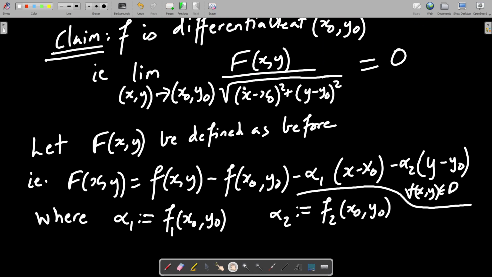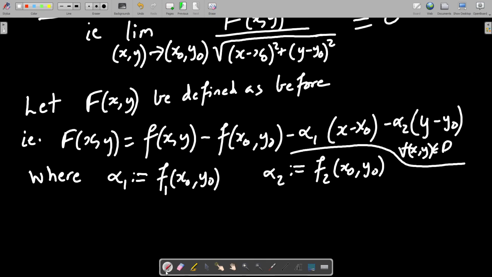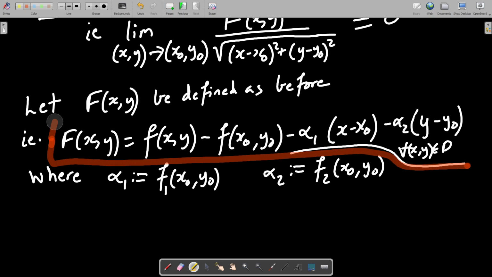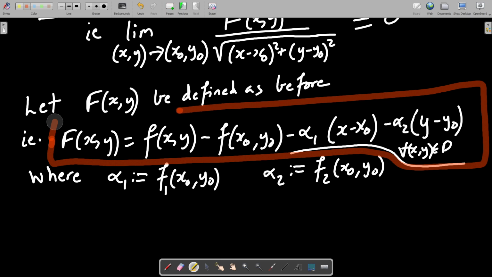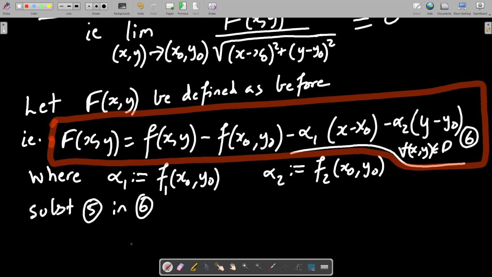Next, call this as 6. In case you've already used 5 and 6 before, then just write the next number. Don't distinguish. Okay, never mind. So substitute 5 in 6. What will we be left with?